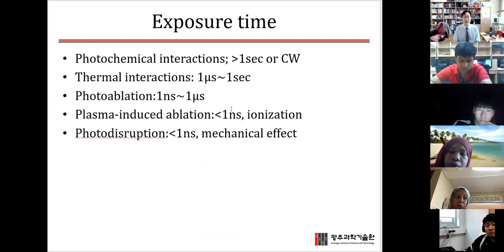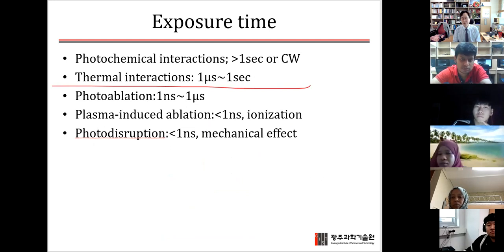So again, the 1 microsecond is very important. Longer than 1 microsecond, you have photochemical or thermal. Shorter than 1 microsecond, you have photoablation or plasma-induced ablation or photodisruption.